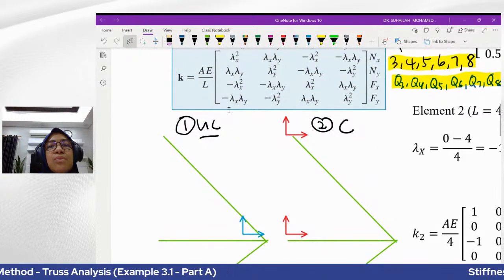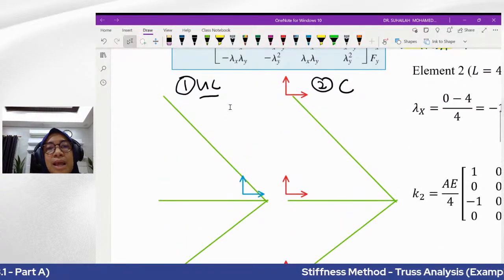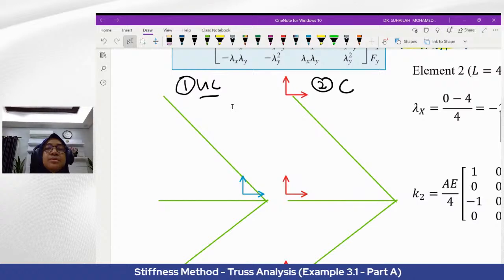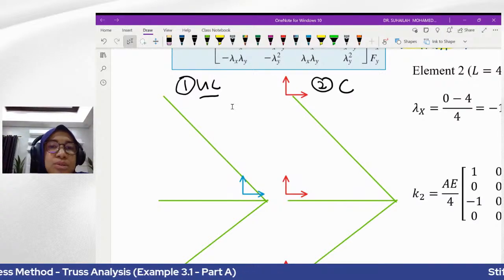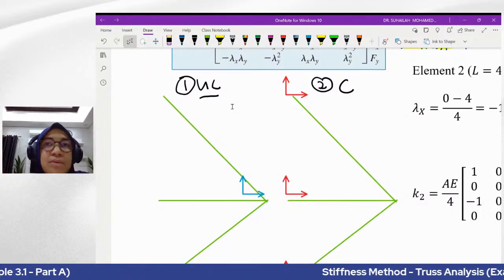So now we will start labeling. Always label from the unconstrained system first. Finish the unconstrained system first, then only continue with the constrained system for the labeling.